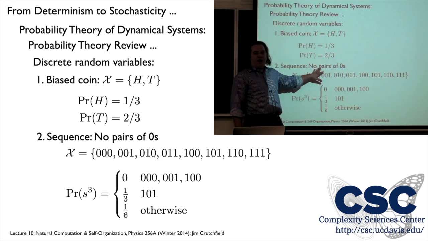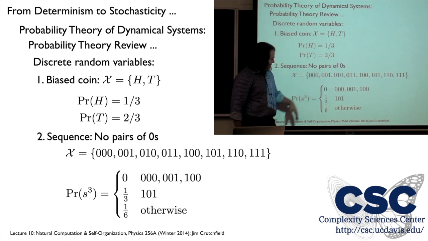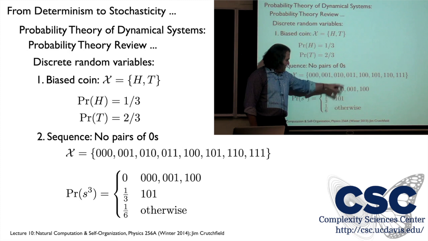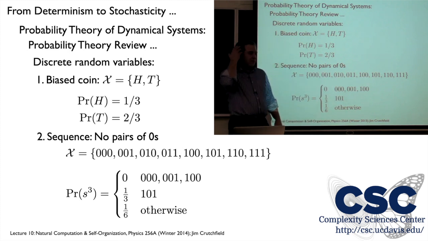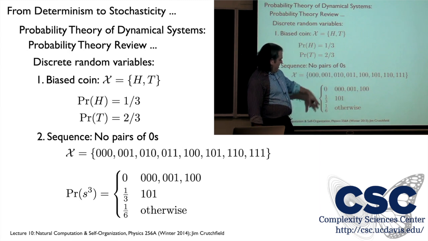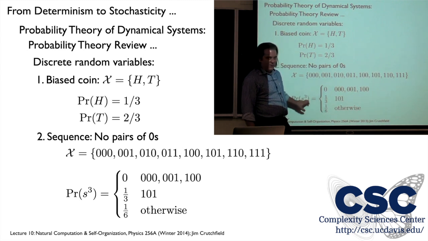I could describe this random variable as no pairs of zeros, if you like, some narrative description of that. And then 1, 0, 1, probably 1/3, and all the others have probably 1/6. So you have to go through here. These are probably 0, so I've got 5 other events. That's got 1/3. These other 4 events, probably 1/6. Well, that's 2/3 plus 1/3 is 1, so it's normalized.